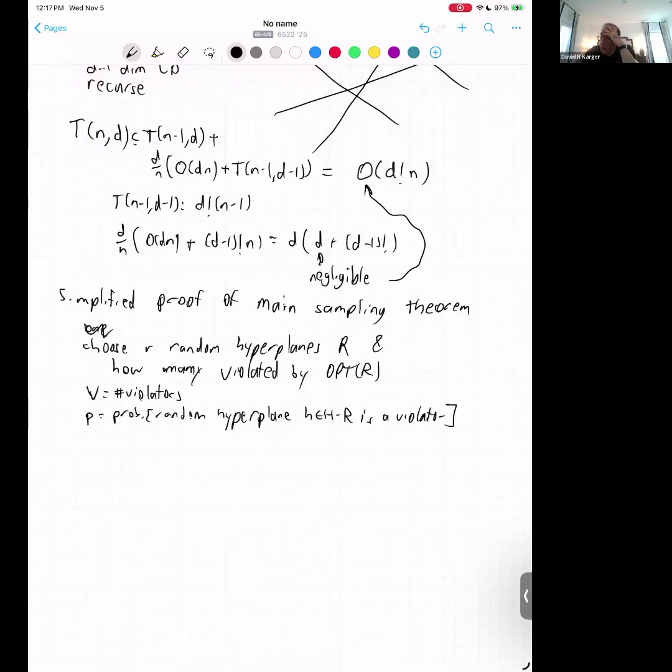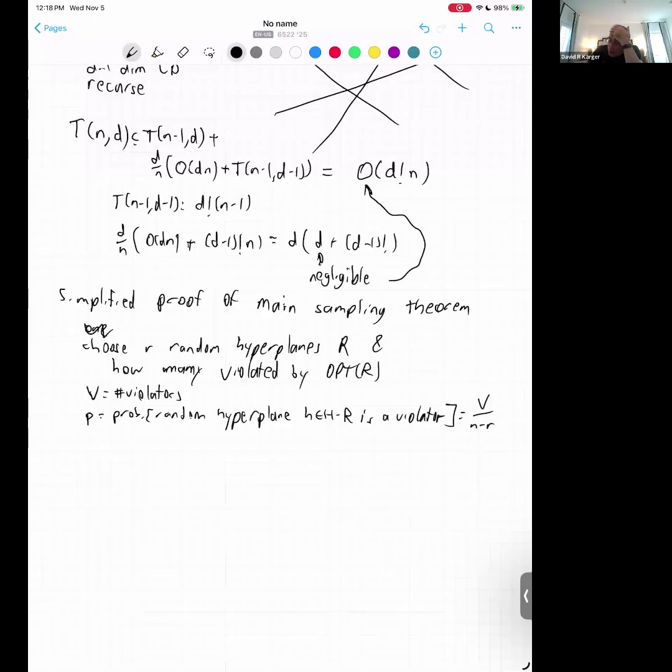If I tell you that there are V violators, then what is the probability that a randomly chosen hyperplane not in the sample is a violator? V over the number of things not in the sample. Exactly. It's V over n minus R, right?